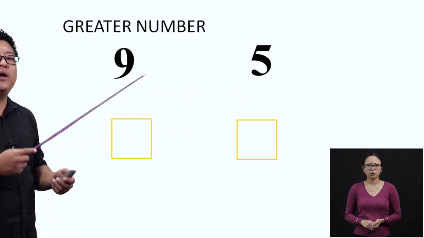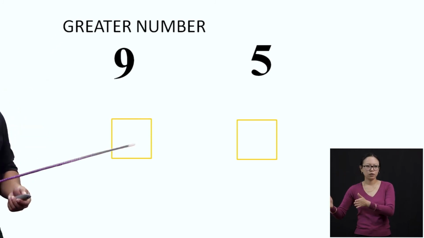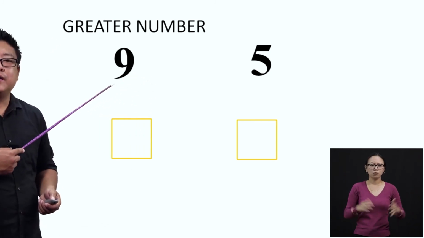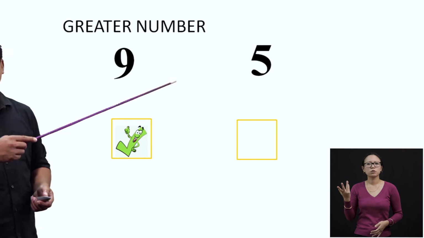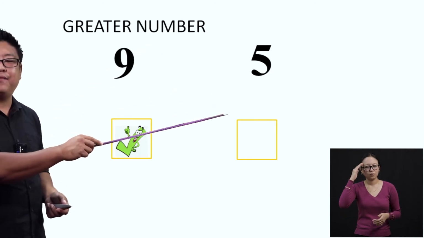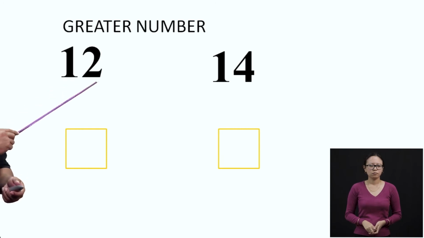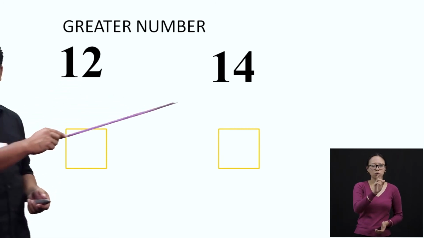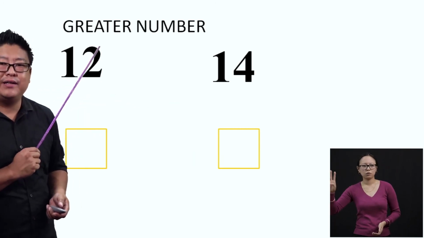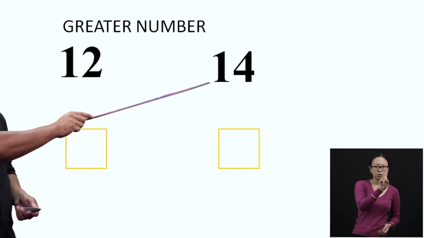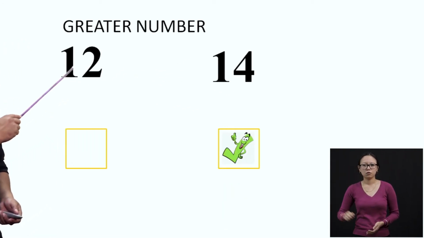Which one is bigger? Which one is greater? Obviously, we know that 9 is greater than 5. All right. The next example is an exercise for you: 12 and 14. Which one do you think is greater? Yes, 14 is greater than 12.